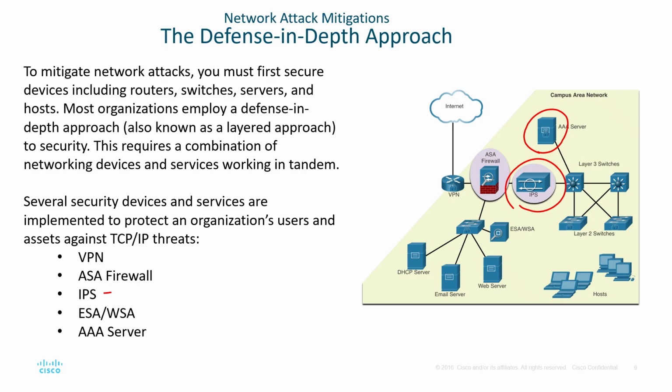So it first detects a threat, and then it prevents that threat from happening again. This is different than an IDS. An IDS is a detection system. It will detect, but will not correct.